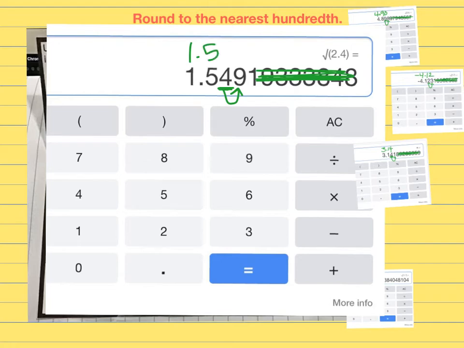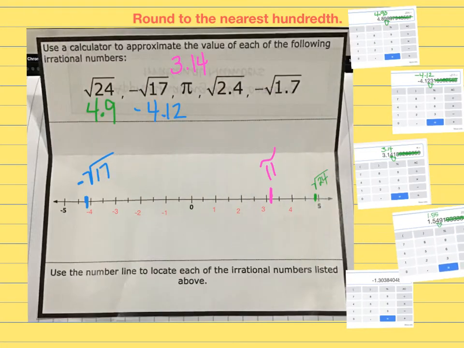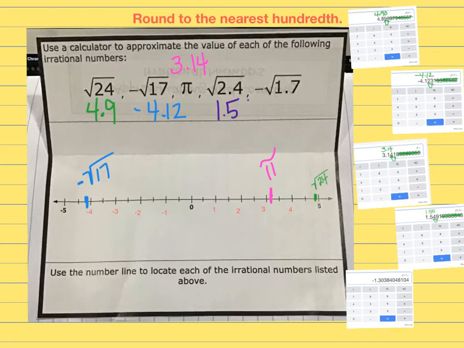So this would be 1.55. I'm going to put that in purple. That would be almost perfectly between 1 and 2, but 0.55 does go past halfway, so I want to make that be a little bit past. That's square root of 2.4.